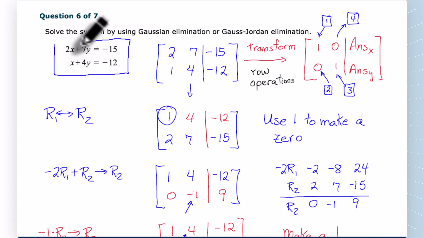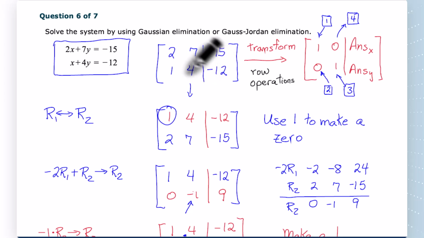So in question 6, we are using the matrix method to solve this system of equations. So we start off by grabbing all the coefficients: 2, 7, -15, 1, 4, -12. Where the equals is, I write a vertical line. And this is my matrix.